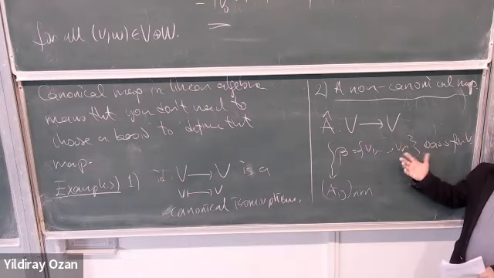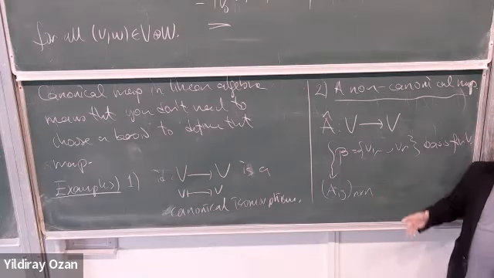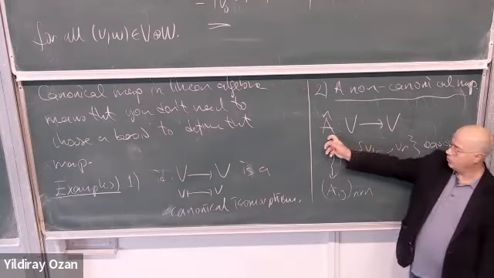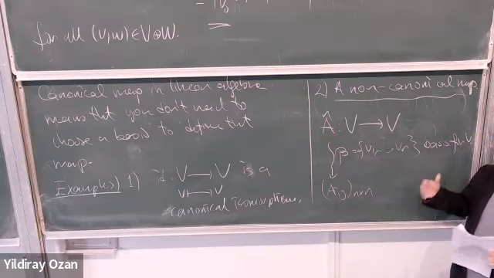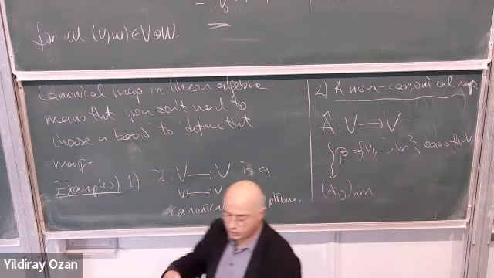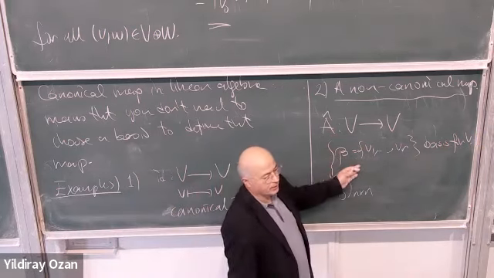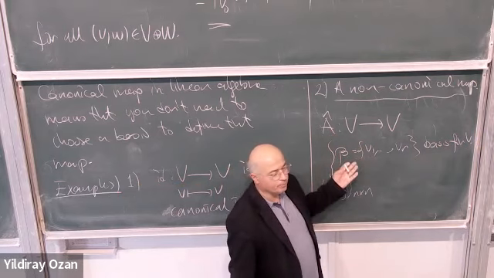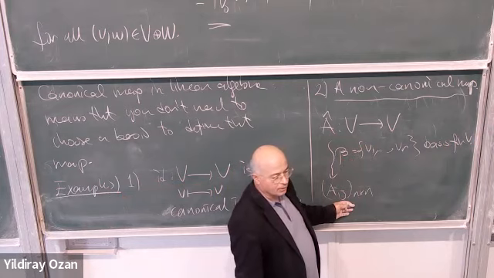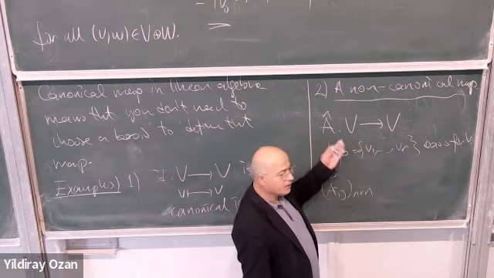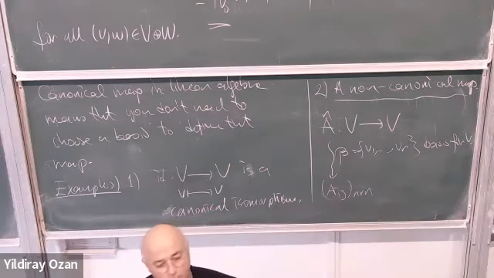Something is not canonical means there are many objects that correspond to a given object, and none of them is superior with respect to the other one. Okay, like a basis of a vector space. I mean, you have millions of bases, and each one gives you a matrix representation. That's why matrix representation of a linear transformation is not a canonical procedure.